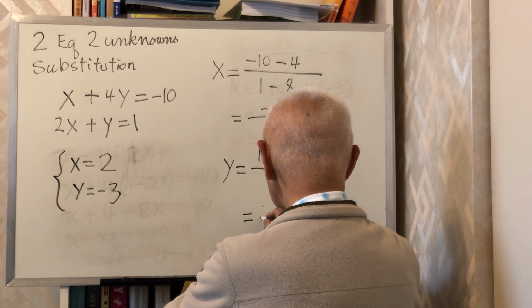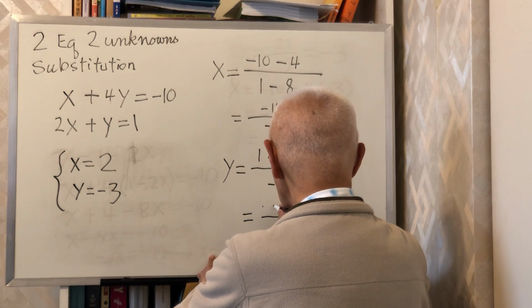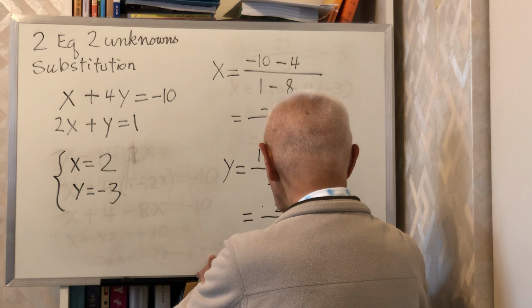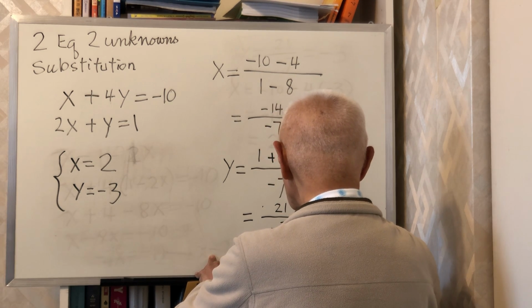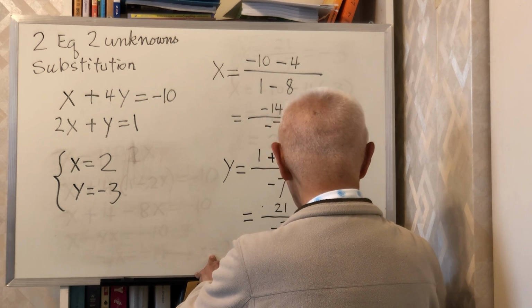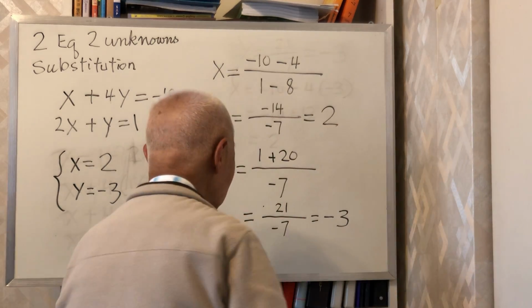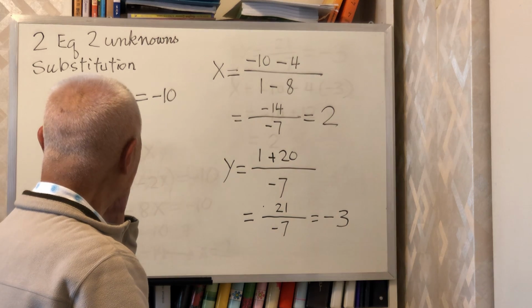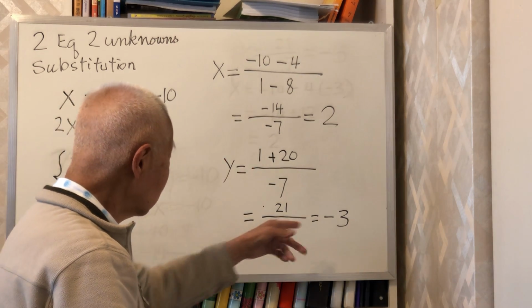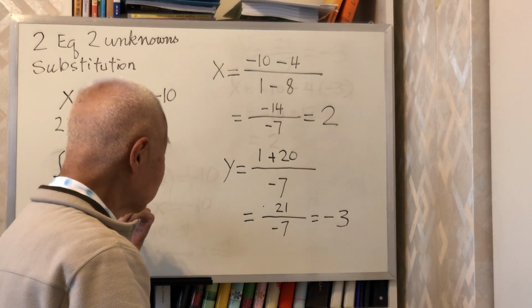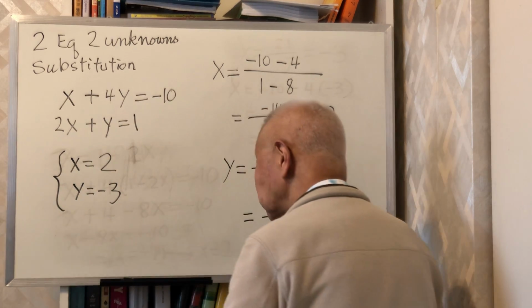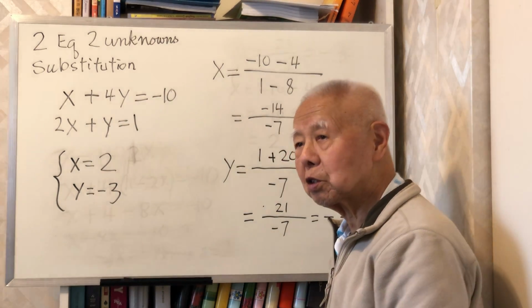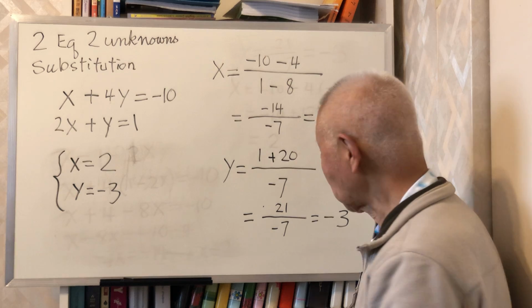And then I have 21 over negative 7, it is negative 3, again, it's the same, right? Negative 3. So if you use the formula, you get the same result.